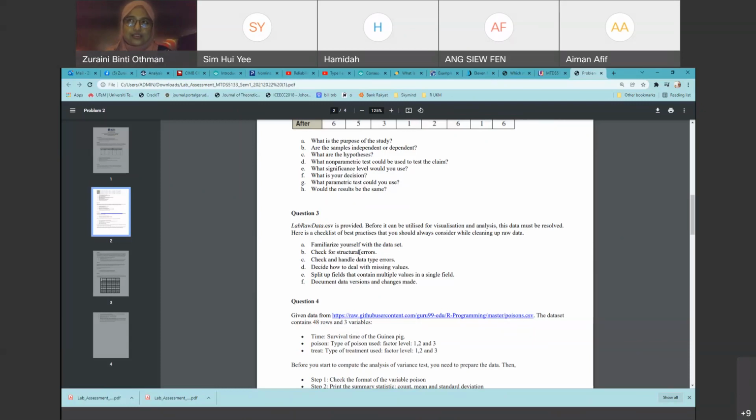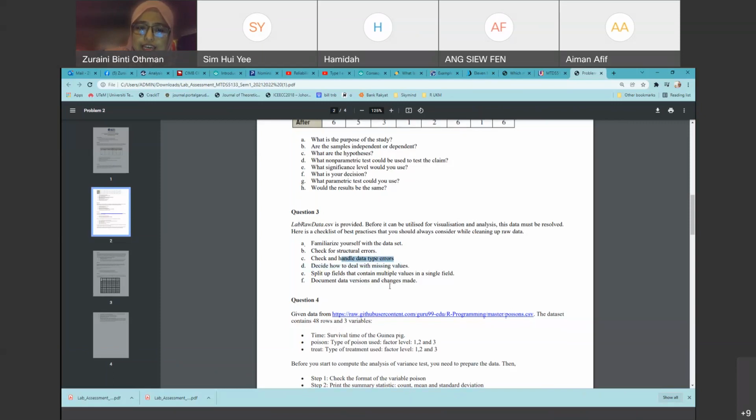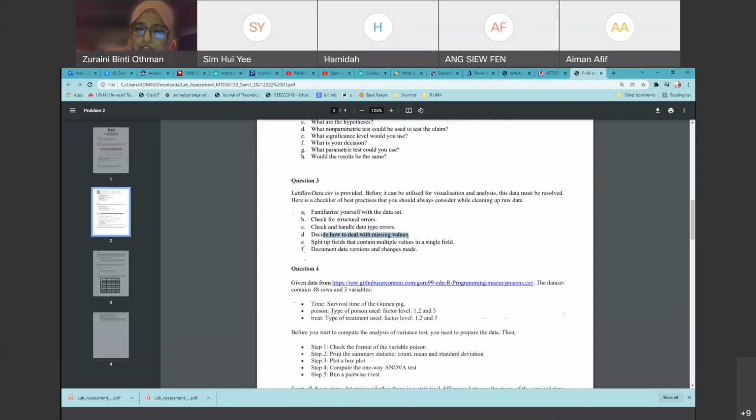That's the next lab that I want to teach, which is how to tidy our data. Then we have to check and handle data type errors, and how to deal with missing values. It is up to you whether you want to fill the missing value by putting in one value.